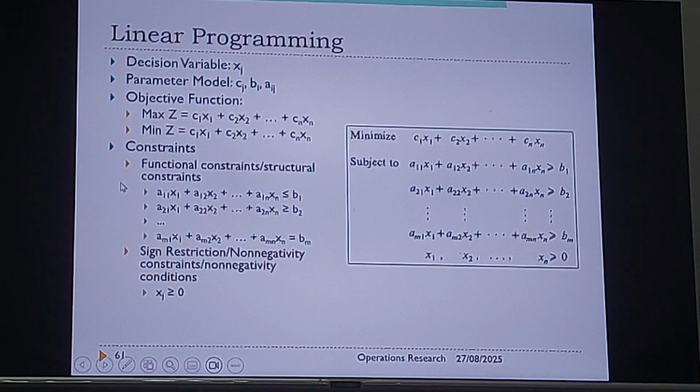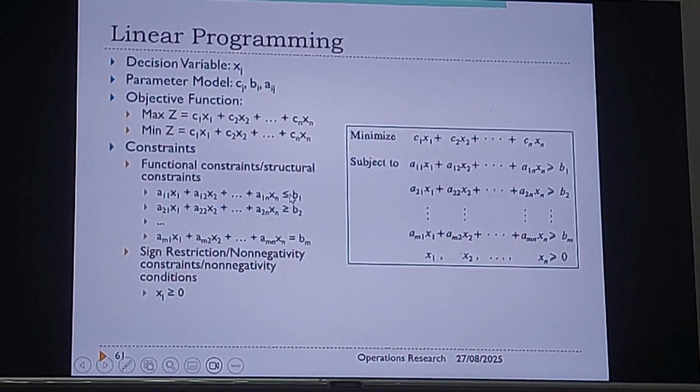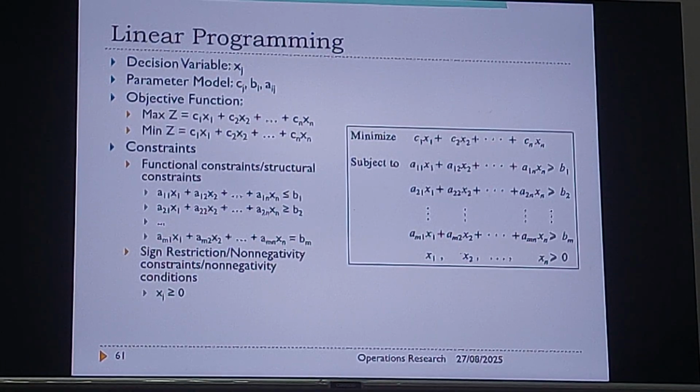We have constraints, which are the limitations, like usually all this function has to be less than B, for example, has a capacity, or should be more than certain settings, or equal, exactly equal. And X should be more than or equal to 0. Should not be negative. This is very standard.